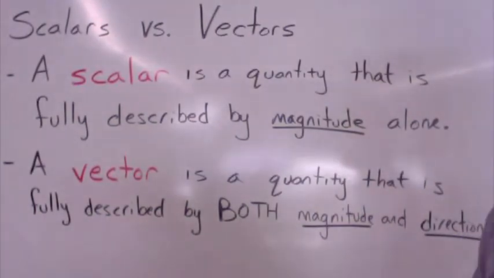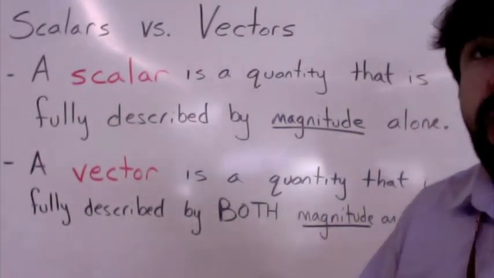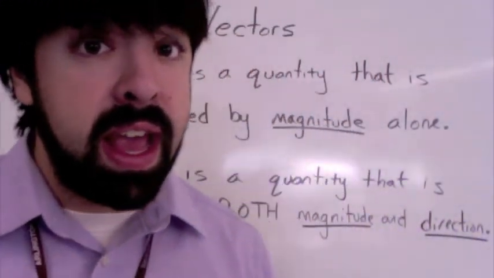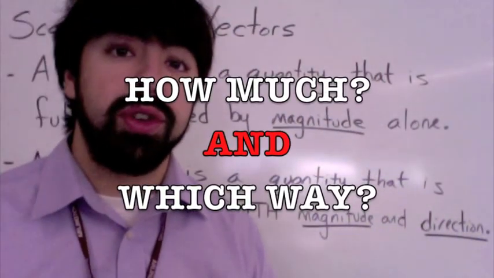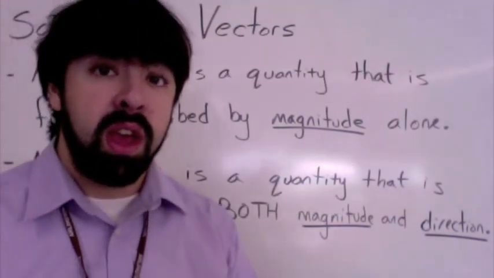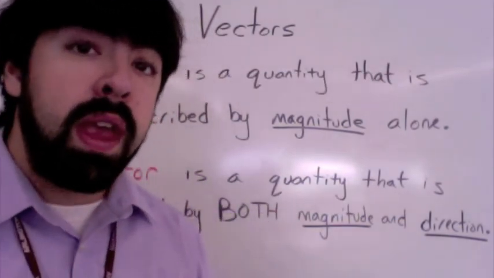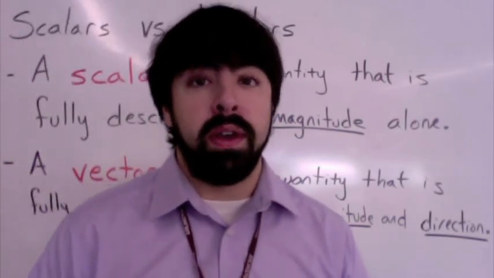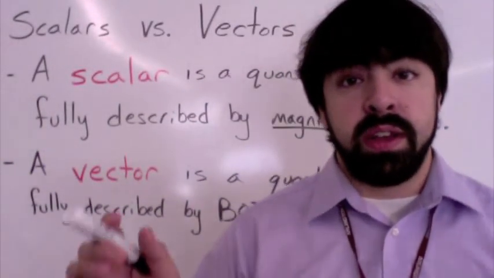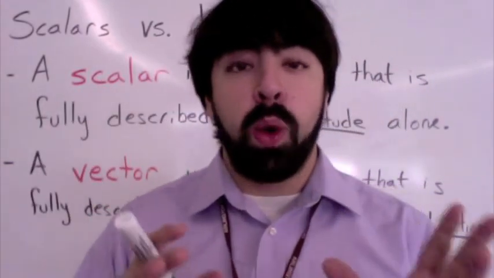A vector is going to be a quantity that has both magnitude, how much, and direction, in which way. And that's very, very important in understanding which way things are moving. And it's extremely important in physics and physical science when we're trying to understand how things operate and how things move.